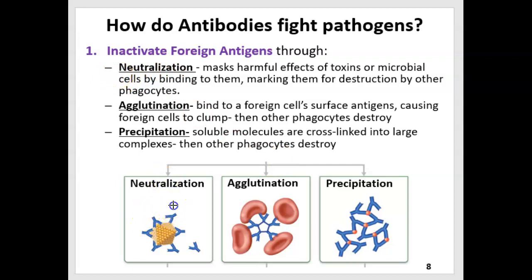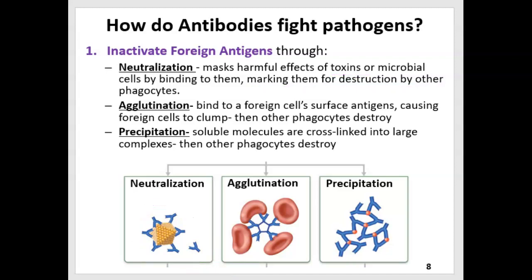That means they bind to whatever's foreign, like this yellow thing, which is probably a virus, and mask its harmful effects, so it can't do whatever it's supposed to do. Like the effects of a toxin might cause a fever, right? Or microbial cells that want to proliferate, divide. But the antibodies don't kill anything, they just mark them for destruction that other phagocytes will perform.